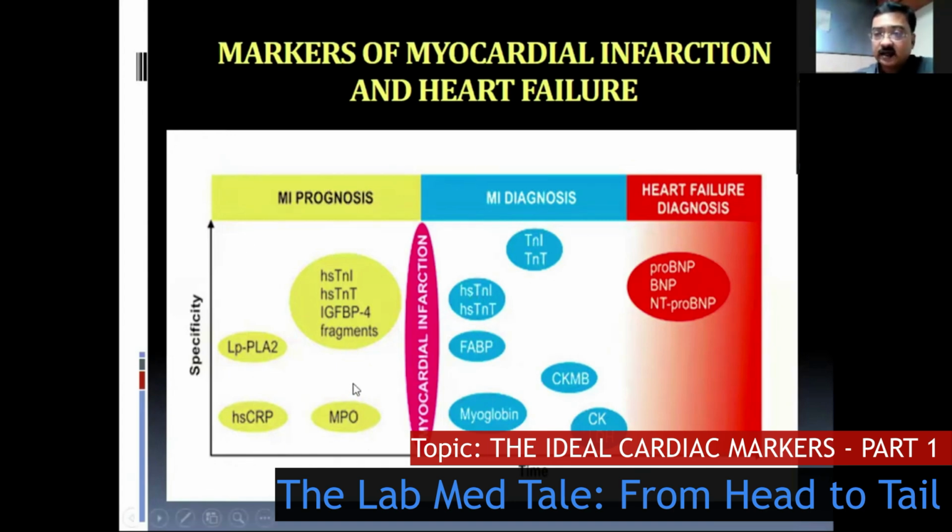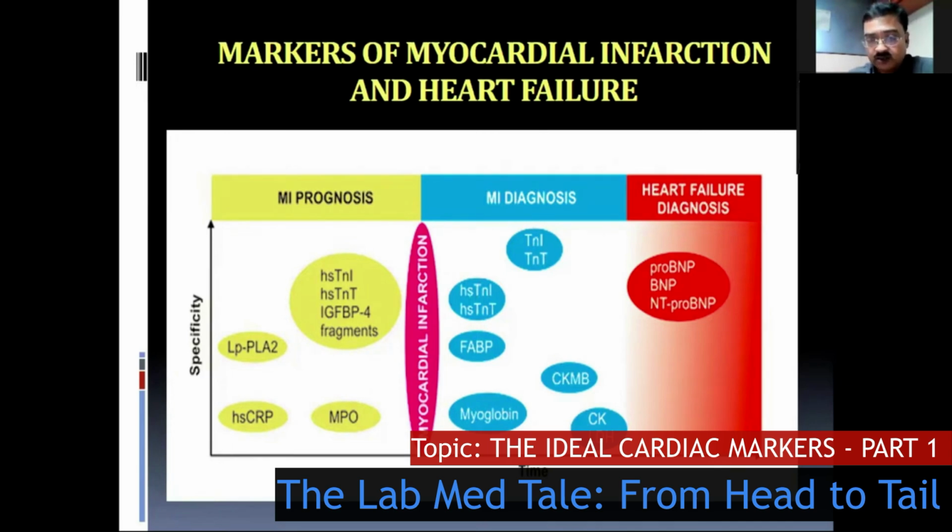These are cardiac prognostic markers, like what I have said: HSCRP, myeloperoxidase, high sensitive troponin I, high sensitive troponin T, and the fatty acid binding proteins and fragments. They mainly show the chances of developing MI, or the prognosis of the patient's heart condition, whether the patient is likely to go for an MI or not. That is why they are called prognostic markers.